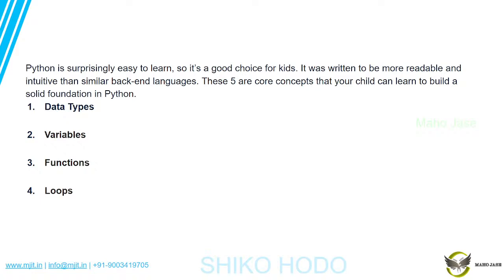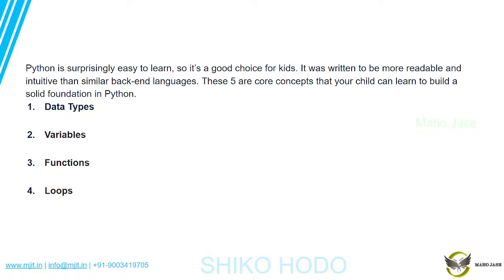And then the next one: there are 5 core concepts that your child can learn to develop a solid foundation. So these are the 5 key things to learn Python. What are those? The first one is data types, the second is variables, the third is functions, the fourth is loops, and the fifth is modules.